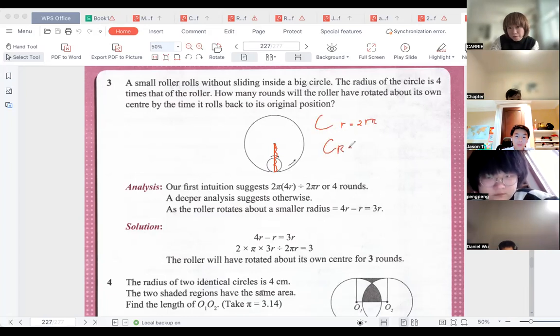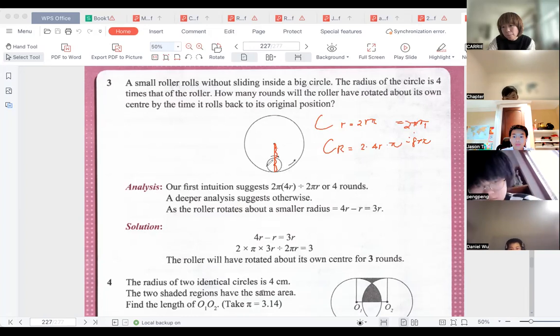And for the bigger one, it is 2 times 4r times pi, right? So one is 2r pi, and the other one is 8r pi. So the bigger one's circumference is 4 times the smaller one. Pimpin, do you understand? Jason? Chapter? Daniel?